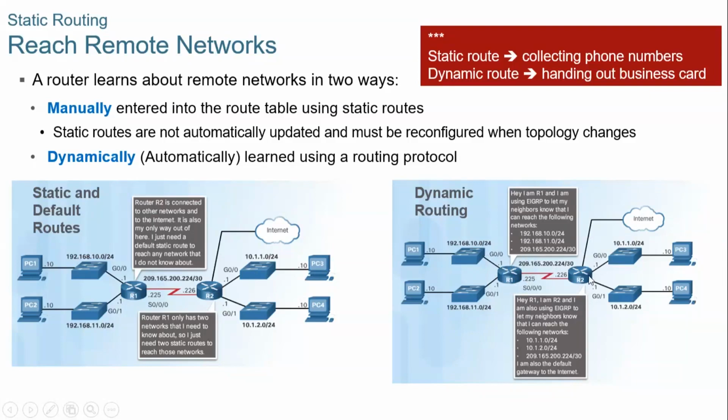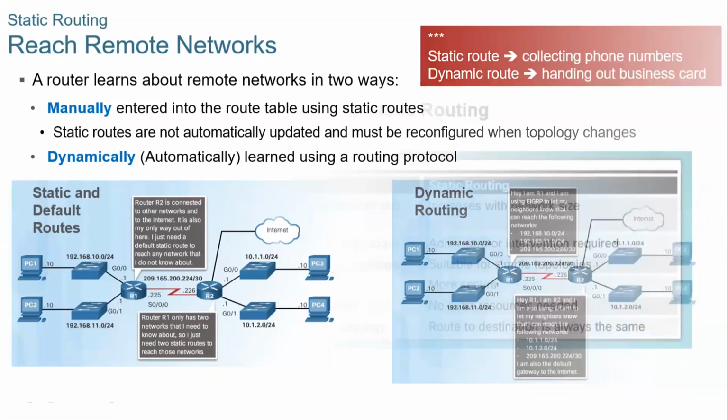R2 will do whatever it needs to do with that information, and then R2 will also share its information: I have a route to this network, this network, and this network. So they exchange information and then update their routing tables. In static routing, you have to find out what the remote network is and then configure it into your router. That's the basic major difference between static and dynamic routing.